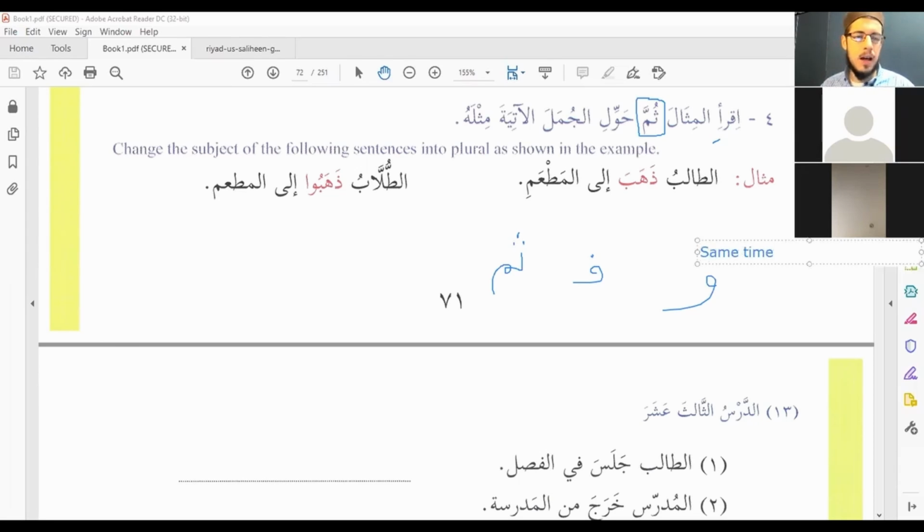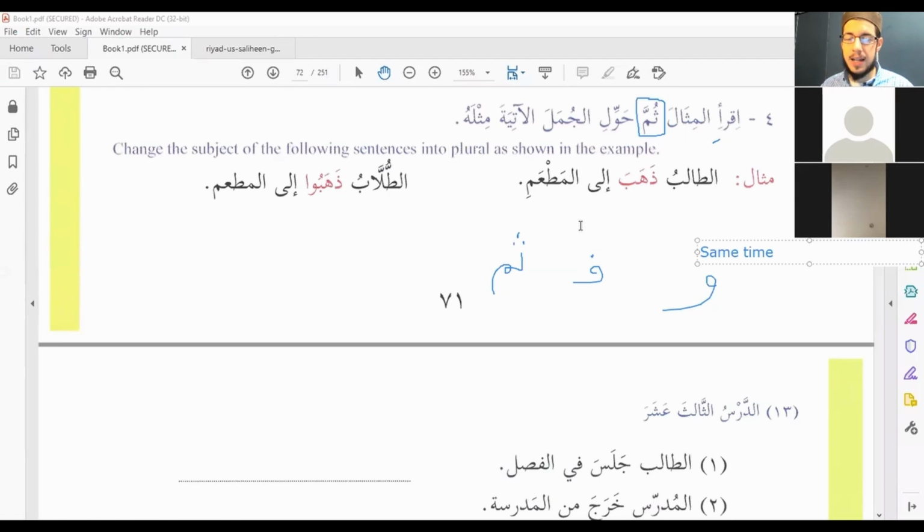So ja'a is a verb that means to come, or he came. Ja'a Muhammadun wa Ahmad means that Muhammad and Ahmad came, and because I used waw, it implies that they came at the same time.